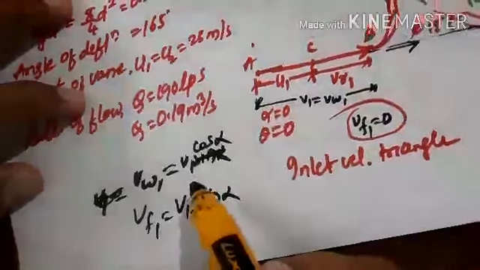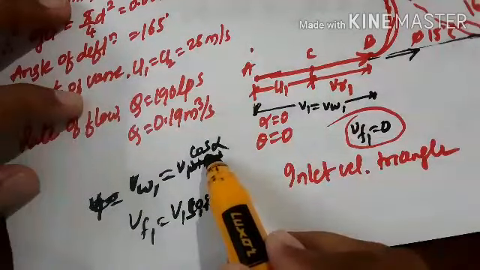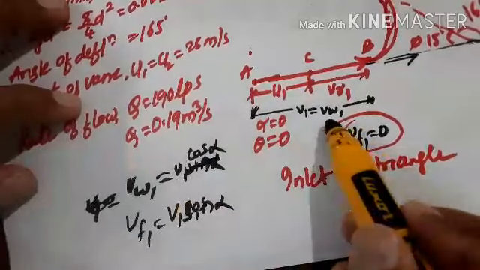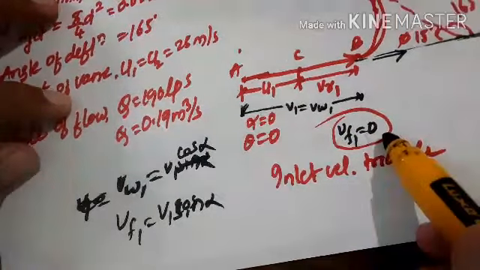Then cos 0 is 1, so V1 is equal to VW1. Sin 0 is 0, then VF1 will become 0 here.